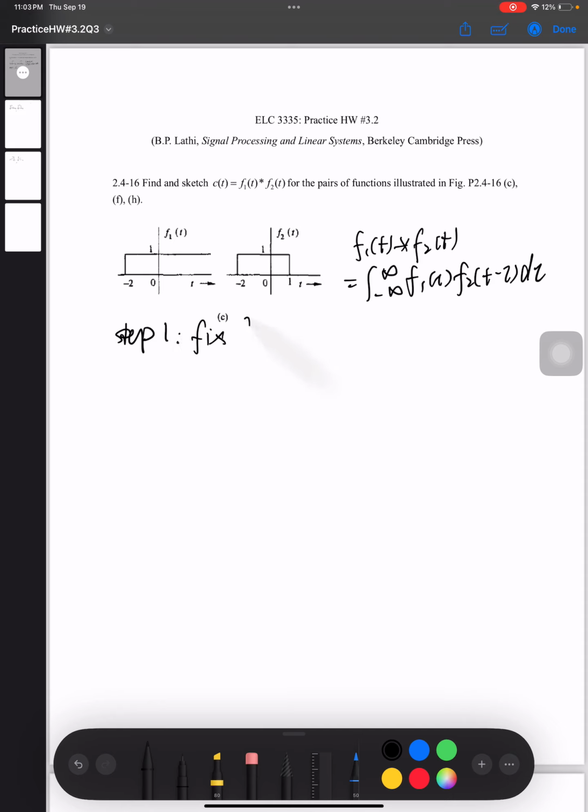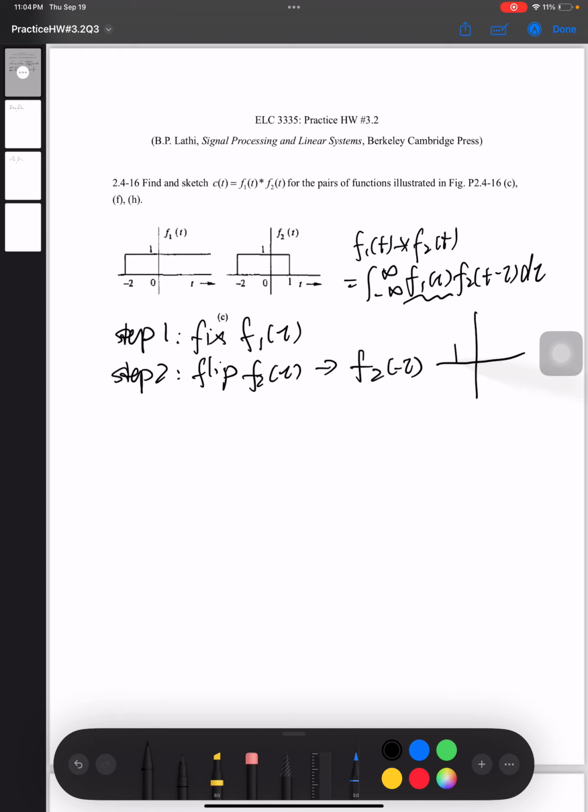fix the f1(tau), which corresponds to this part, and there's no changing. And step 2, we flip f2(tau) to f2(minus tau). So if we plot it, we're going to get minus 1, 2, 1, which corresponds to this part.